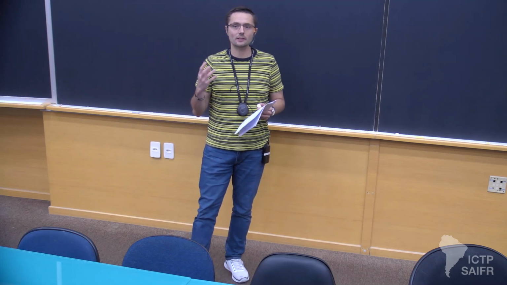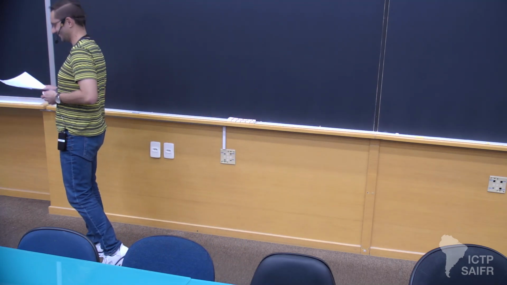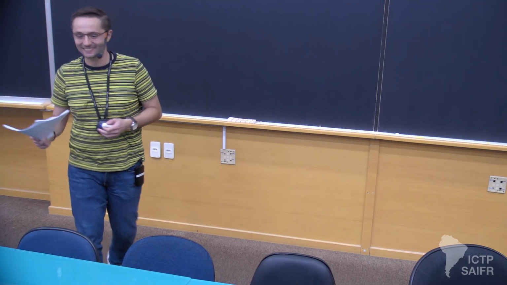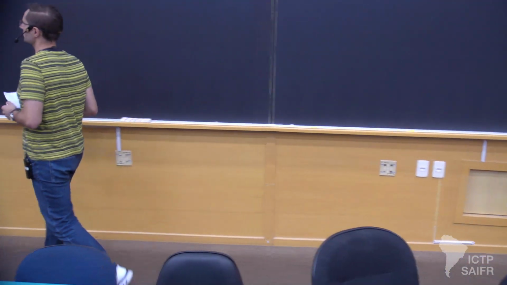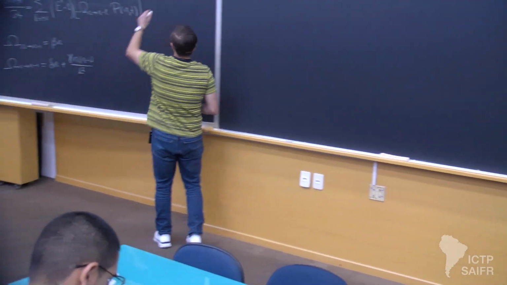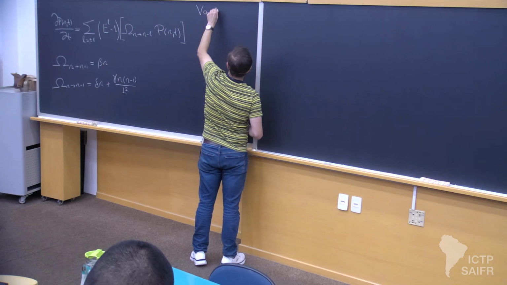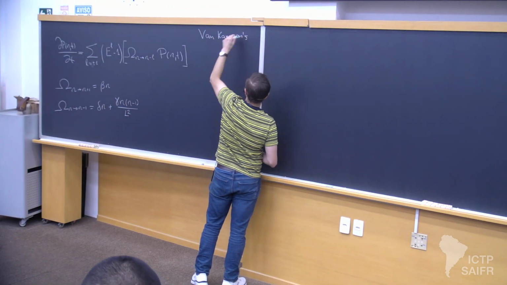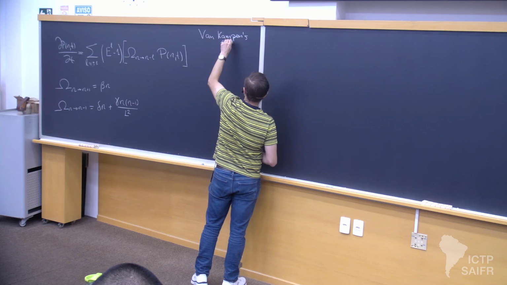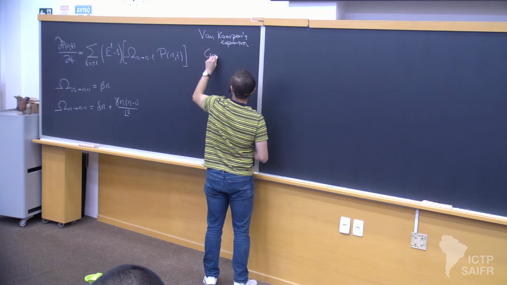There are 2 ways in which we can go from master equations to Fokker-Planck equations. You can find them in books by 2 names, Van Kampen's expansion and Kramers-Moyal expansion.